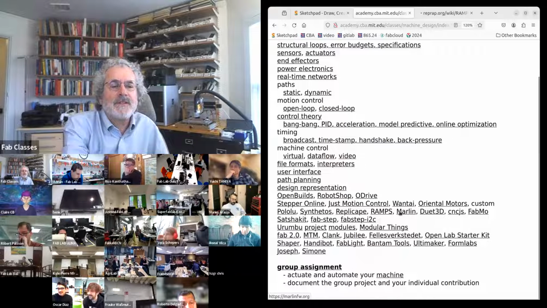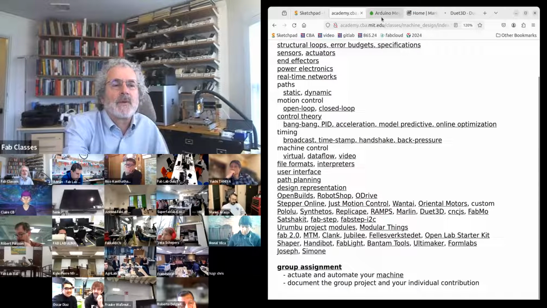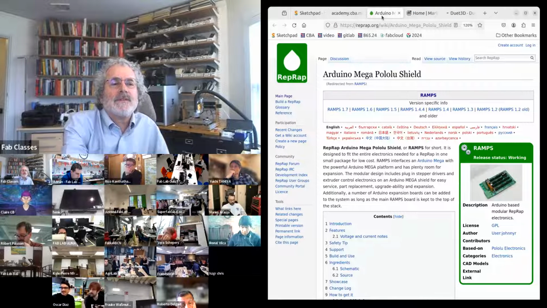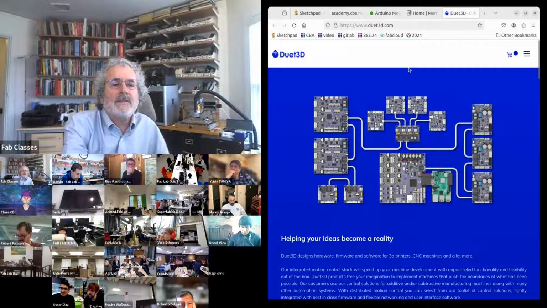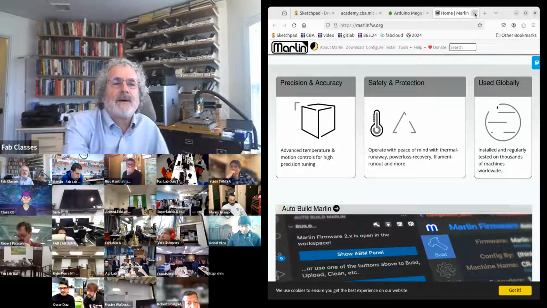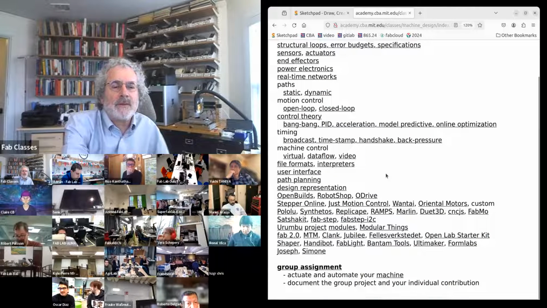These are all different versions of standard control boards. So these are widely used in open source communities. These are standard general purpose motor control boards.